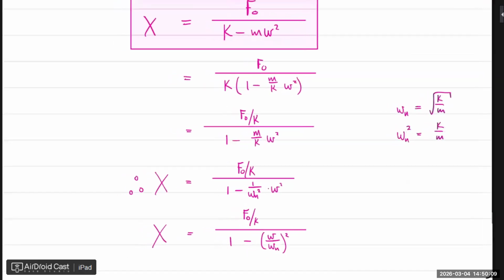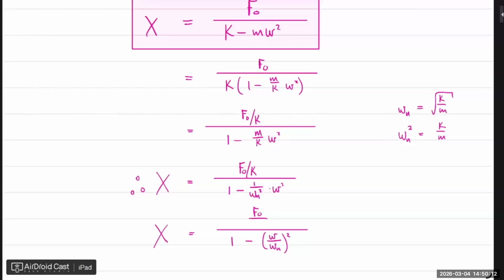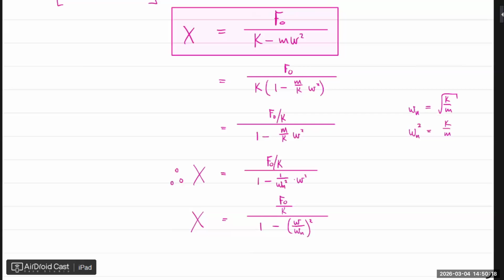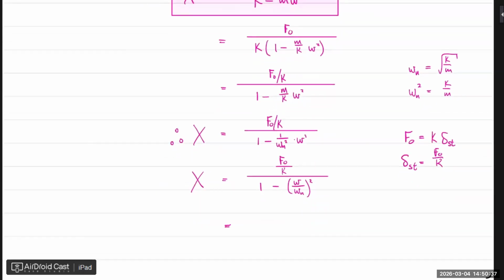F0 over k: what is F0? It was your spring constant times the static displacement. So the static displacement is just F0 over k. So I can rewrite this even nicer and say it's just delta, the static deflection, divided by 1 minus omega over omega n squared.